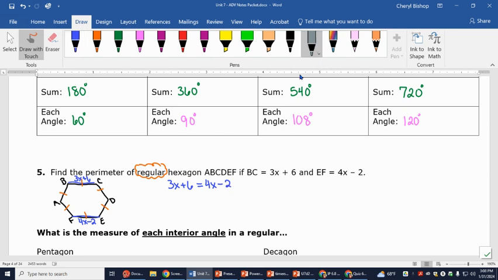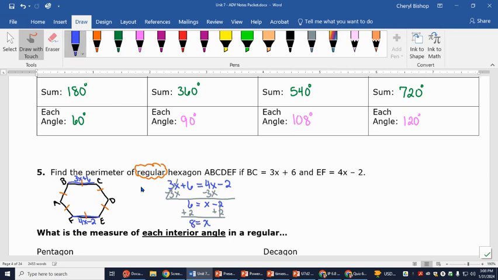To solve this, I'm going to keep my x's positive. I like to move my x's first, so I'm going to subtract that 3x over, leaving me with 6 equals 1x minus 2. Then I'm going to use the addition property of equality and add 2 to both sides. And that's going to give me that 8 is my value of x.